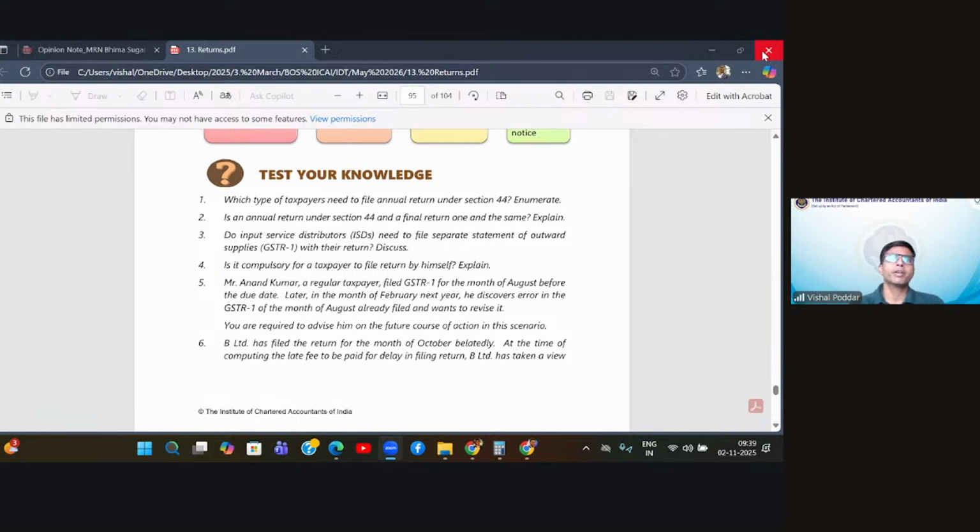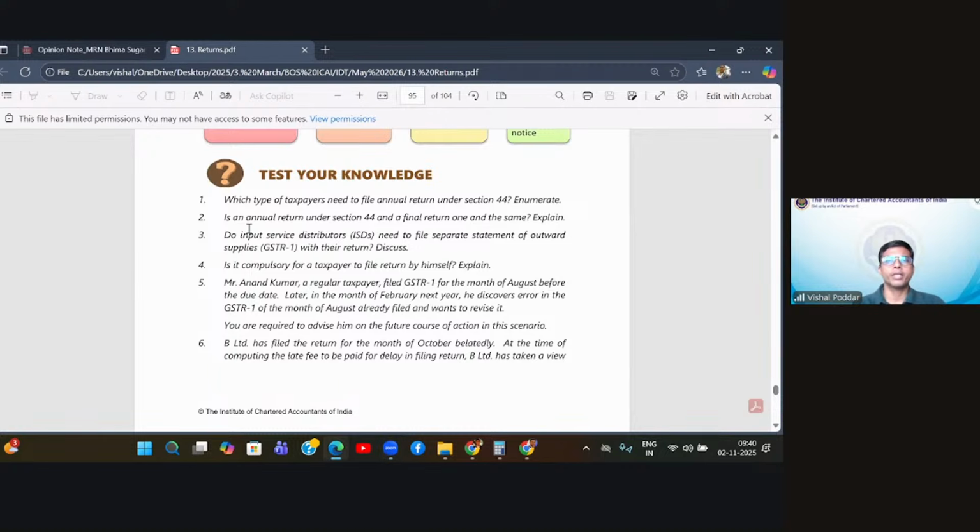Also, final return is to be filed because there may be some tax liabilities outstanding, and anyway you are not going to file any further return. So it is the last opportunity to edit or correct anything for that current financial year. And annual return is filed always in the next financial year, whereas GSTR 10, that is the final return, may be filed in the same financial year, because the moment you seek cancellation, you will have to file this return.